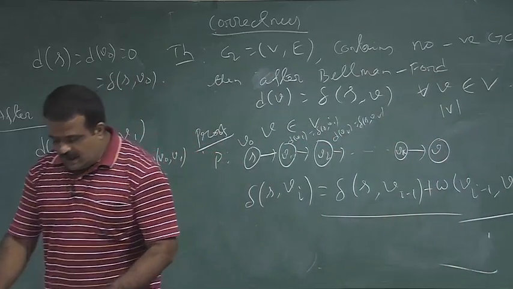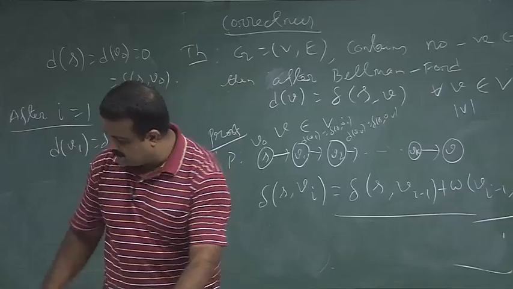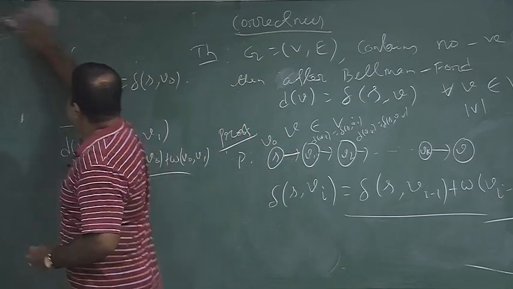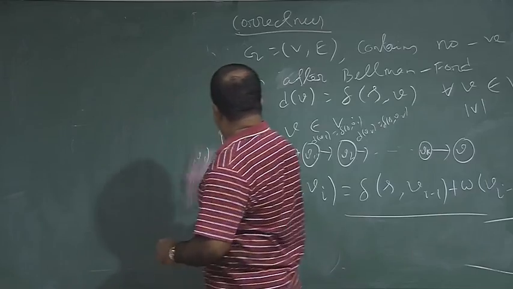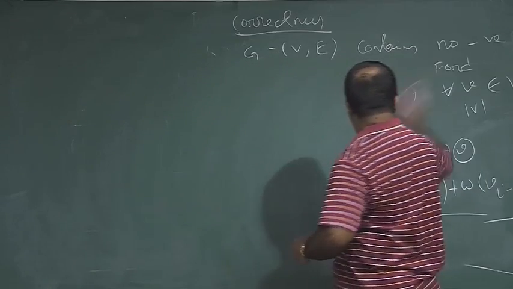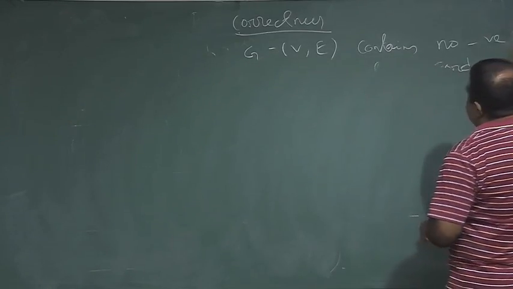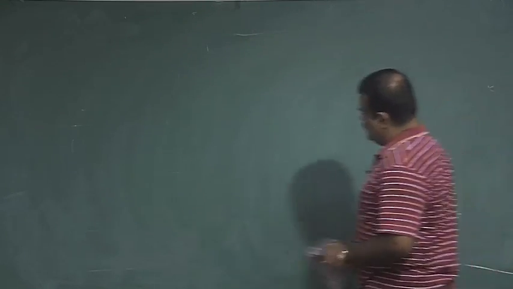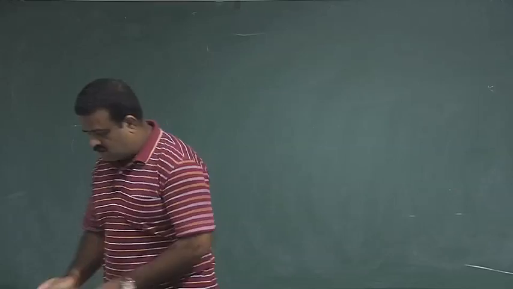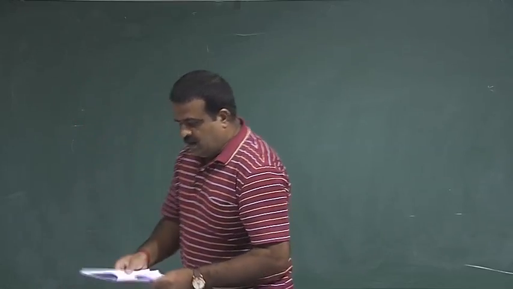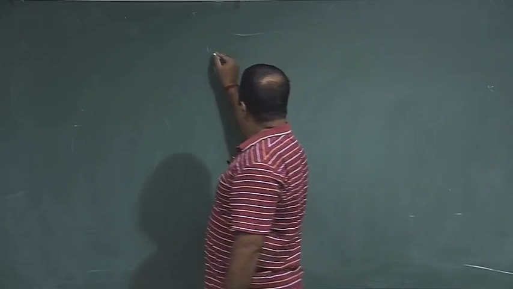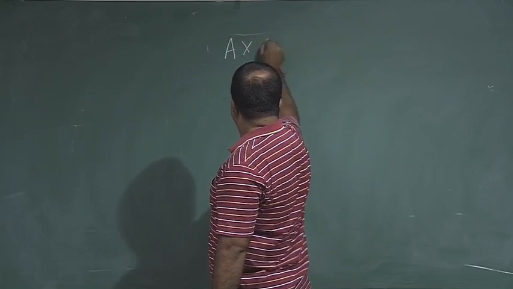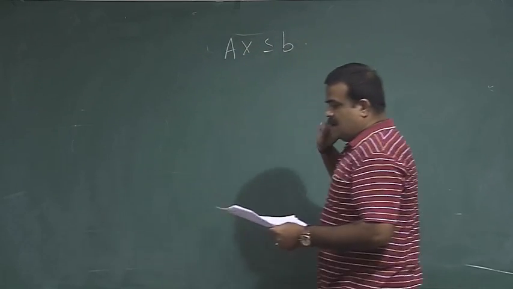Now we will have an application of Bellman Ford to a linear programming problem. How can we solve an LPP, or linear programming problem, using Bellman Ford? In a linear programming problem, we have a matrix A and a variable vector x such that Ax is less than or equal to b.